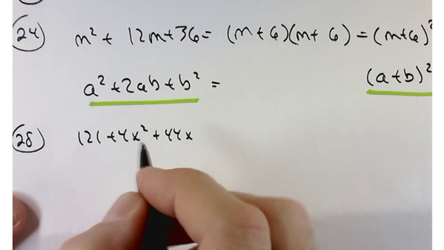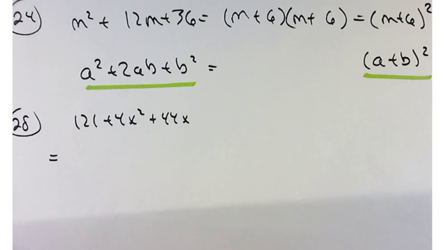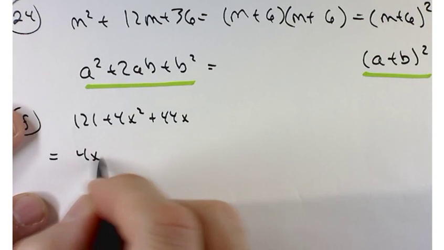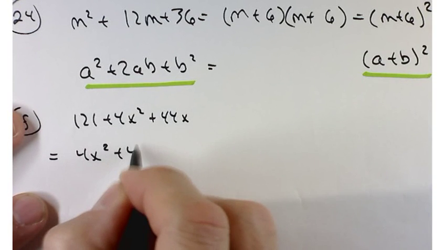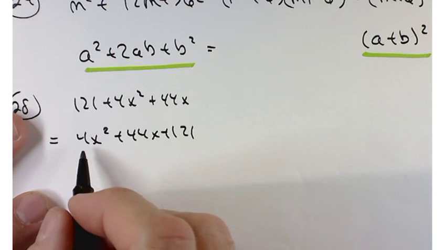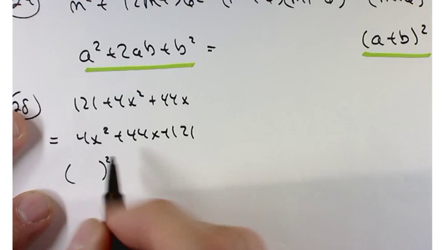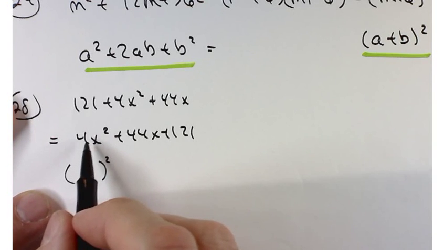Good. 4x squared plus 44x plus 121. Now, what could catch our eye here is that this end term is a perfect square. What would I square to get this term? 2x. All right. How about this term here? 11.